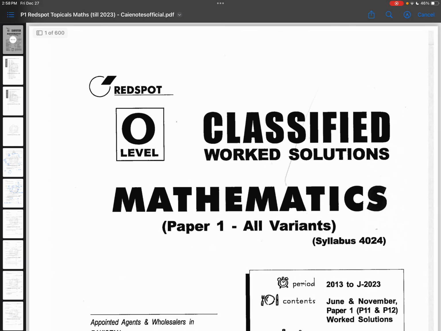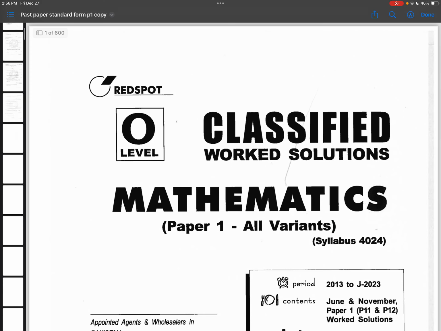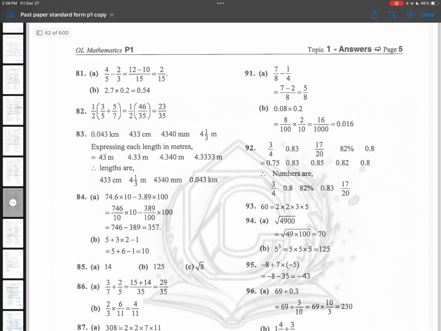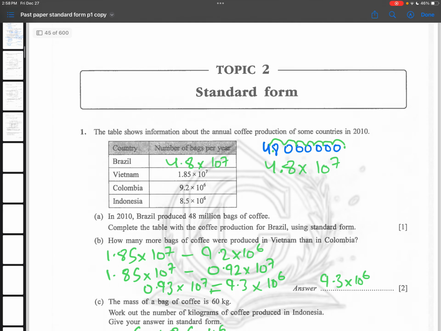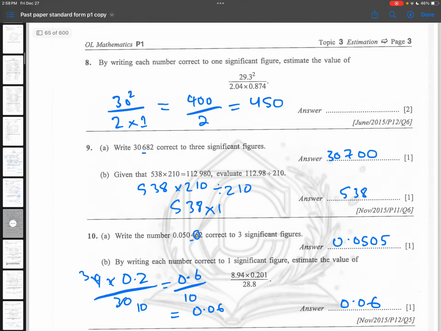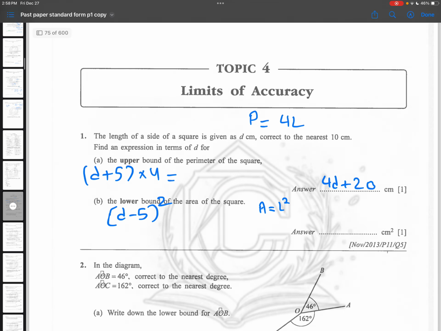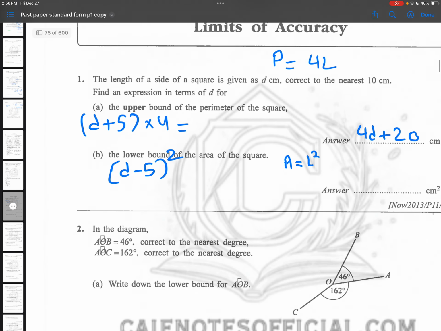We will use the second identity, for d minus 5 whole square. This is the identity, a minus b whole square.